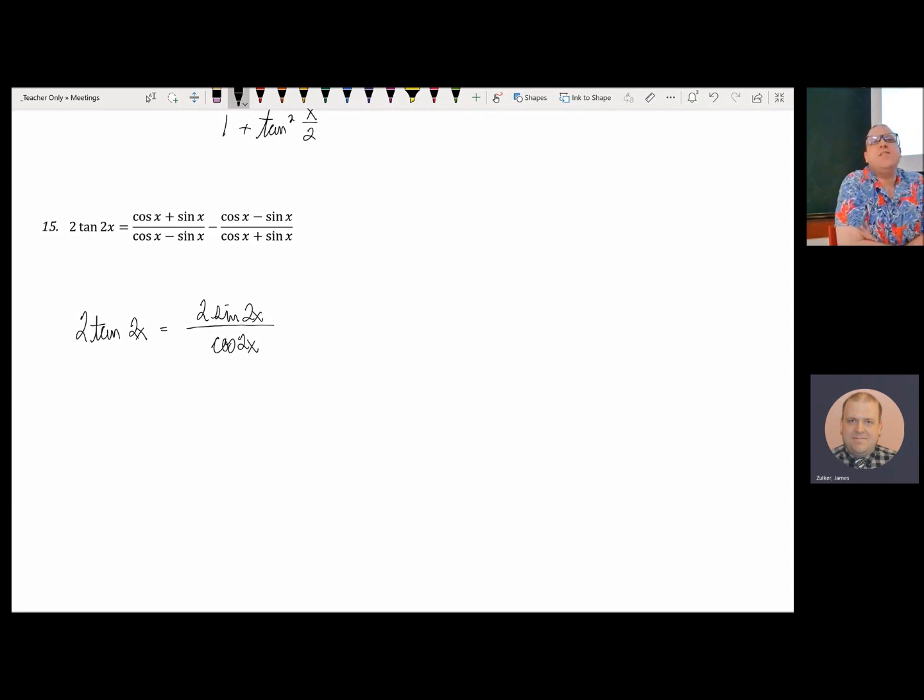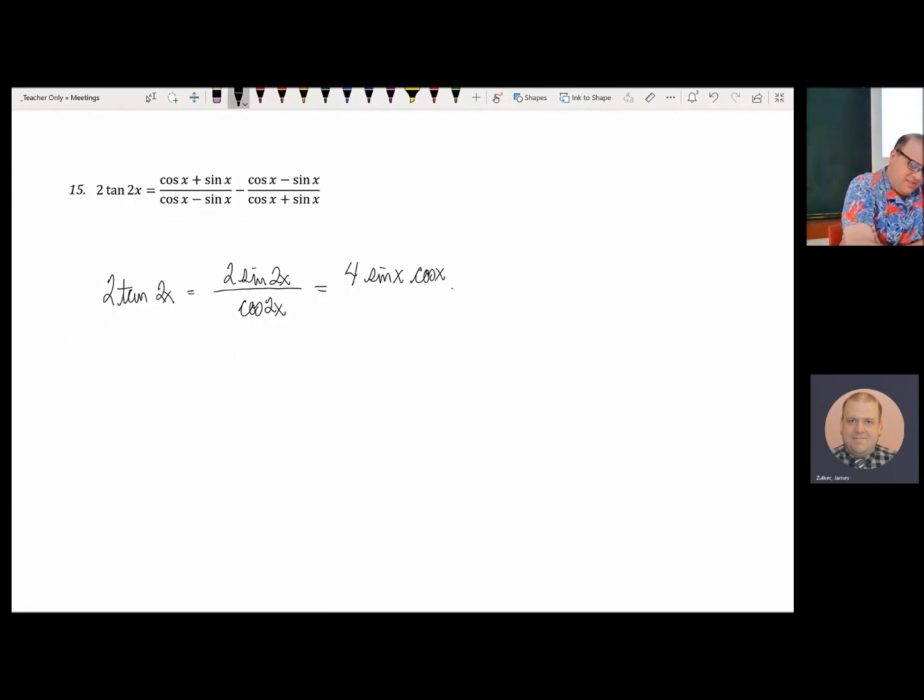Tangent is sine over cosine. So we get 2 sine 2x over cosine 2x. Sine of 2x is two sine cosine. Cosine of 2x is cosine squared minus sine squared.